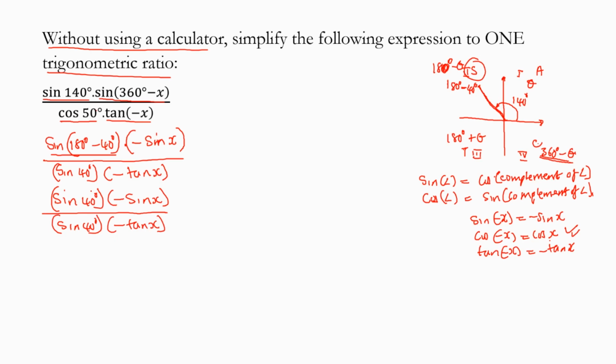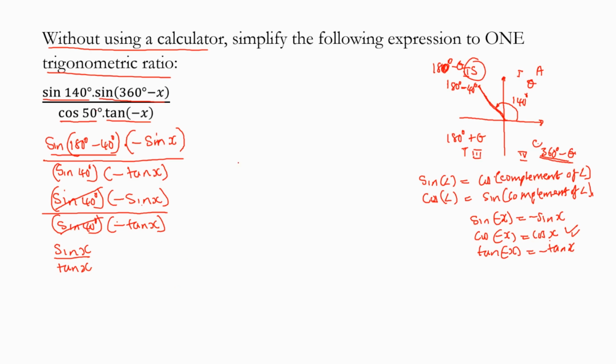Okay, and then sine 40 degrees divided by sine 40 degrees is 1. So we remain with negative sine x divided by negative tan x, and then negative divided by negative is what? Is positive. So this is equal to sine x over tan x.